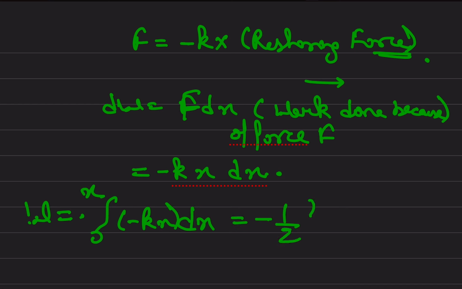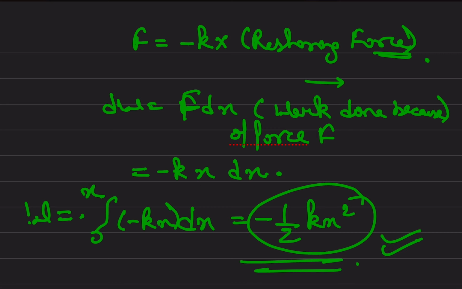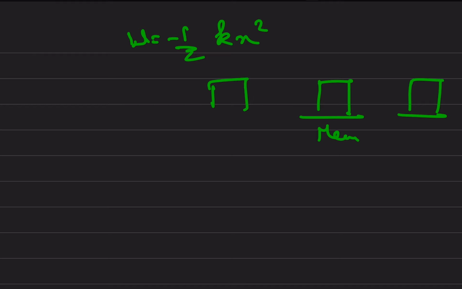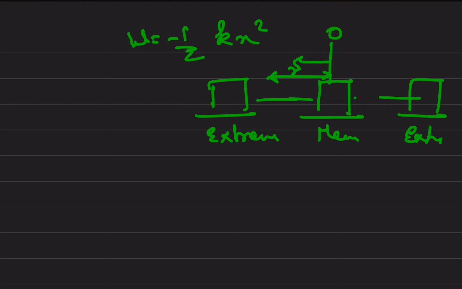So it is minus half kx square. This is the work done because of force F, and x is measured from the mean position. This is the mean position, and these are the two extreme positions. From the mean position we are measuring this x, from 0 to some distance x.